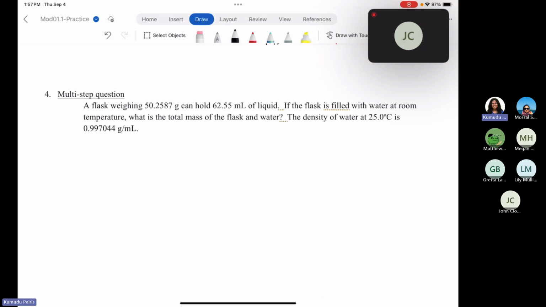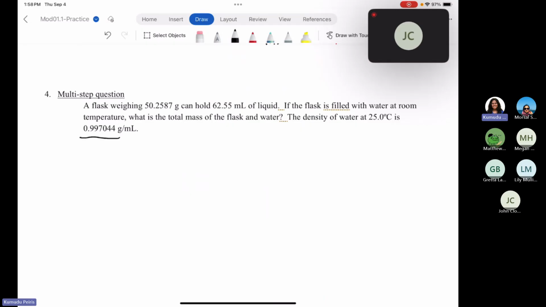If the flask is filled with water at room temperature, what is the total mass of the flask and water? The density of water at 25 degrees Celsius is 0.997044 grams per milliliter.